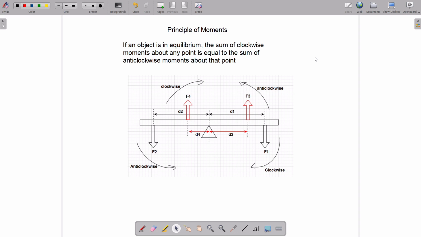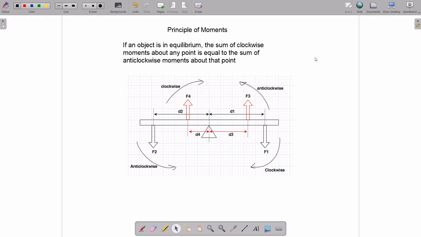So forces acting on an object in equilibrium balance each other out, or the resultant force is 0. So if an object is in equilibrium, then the principle of moments states that the sum of clockwise moments about any point is equal to the sum of anti-clockwise moments about that point.